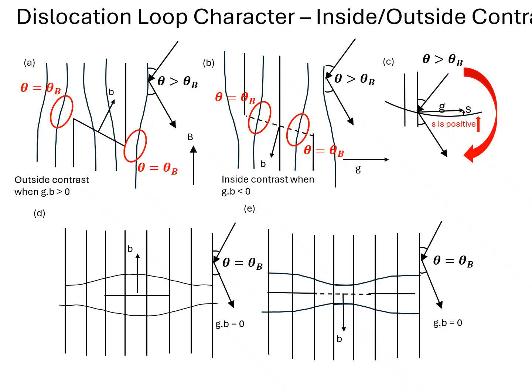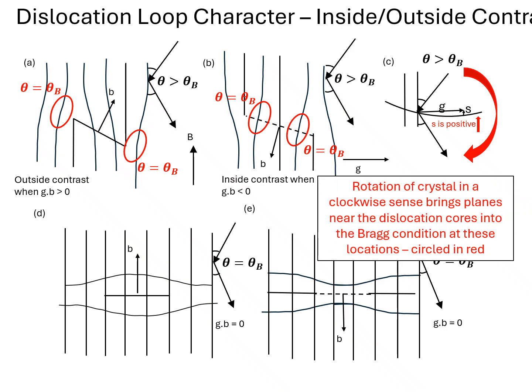So by reversing the sign of G, the diffracting vector, we can switch between outside contrast in this case and inside contrast in another case. So this just shows that for a vacancy loop, for this condition, for the diffracting vector pointing in this direction with respect to the Burgers vector, we have inside contrast.